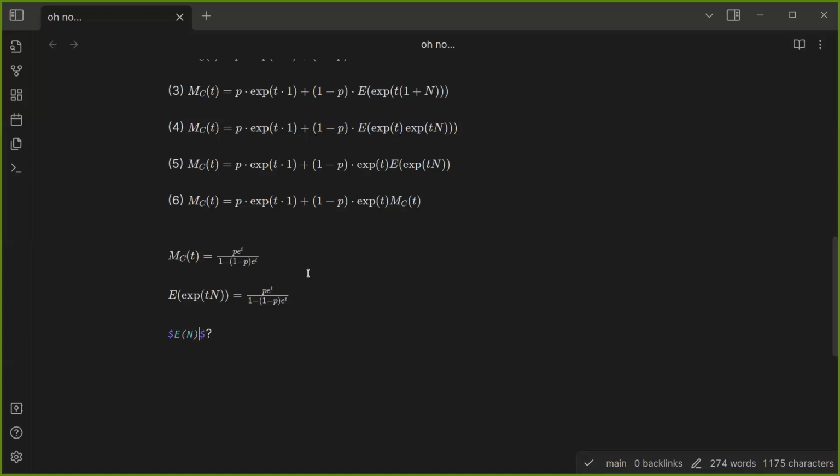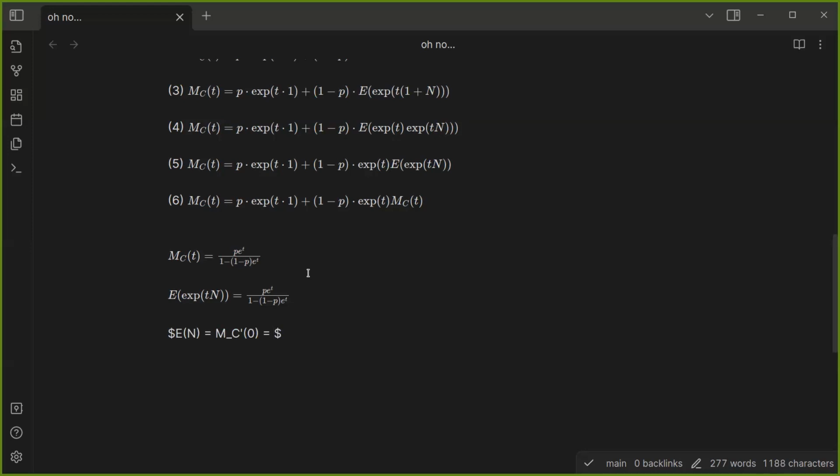Let's see why. If I just take the first derivative of this function at the point 0, what will happen?